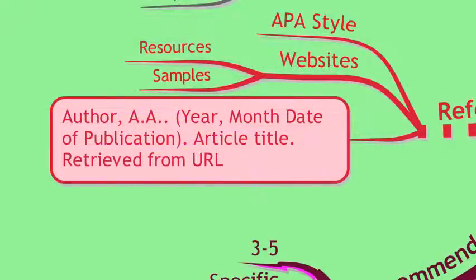When you're citing websites in APA, the most basic form is to have the author, then the initials of the first name, not the name itself, then the date as close as you can get it, starting with the year, because APA is arranged by year, then the article title, not in quotes, and then the words "retrieved from," and the web address.